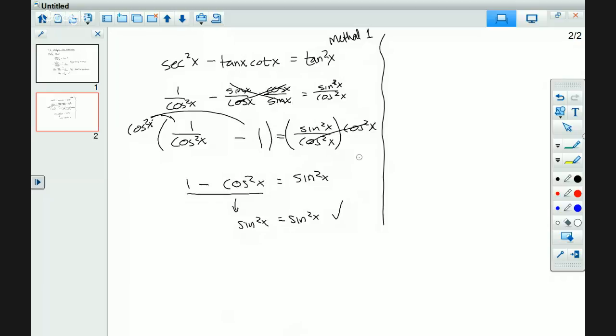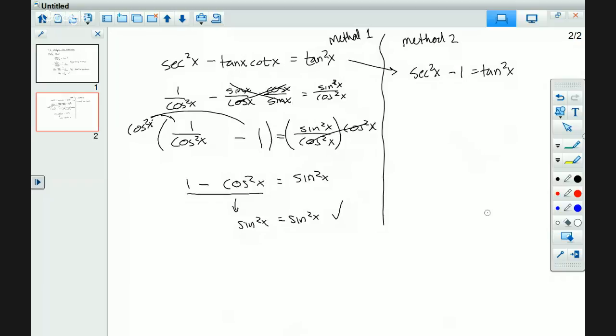Okay, so here's method 2. Secant squared x minus 1 equals tan squared. Does that match the identity yet? No. It's tan squared plus 1 equals secant squared.